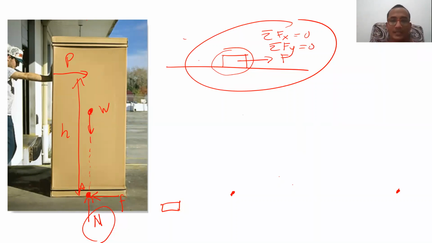We have to add another equation, which is sigma moment equal to 0. Because right now, it's not point equilibrium anymore. So we have to calculate for the height of the things, the width of the things, the dimension of the things, like that. Okay?